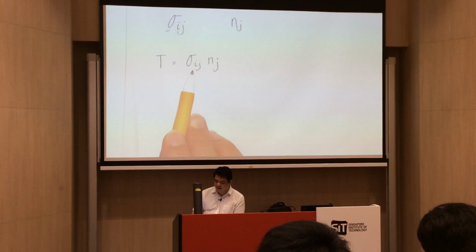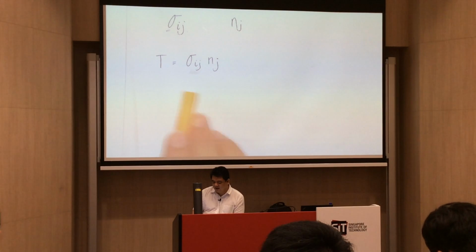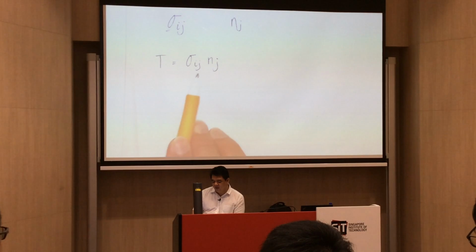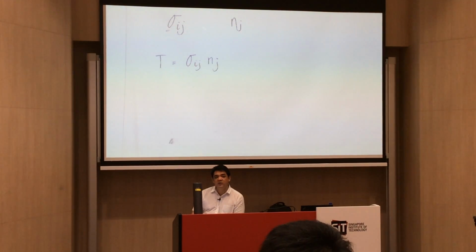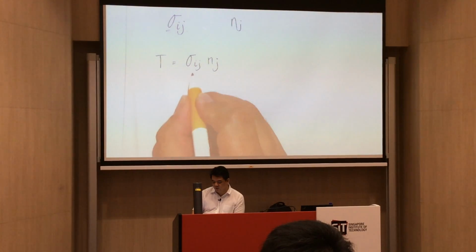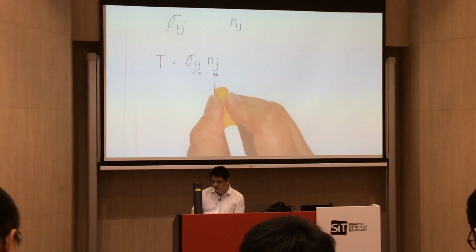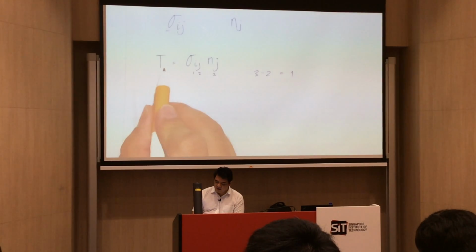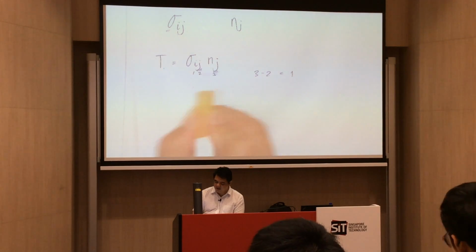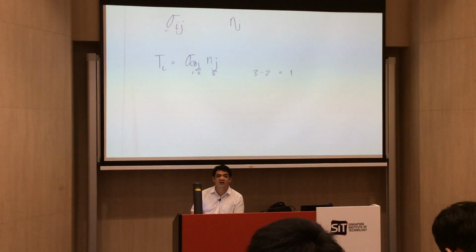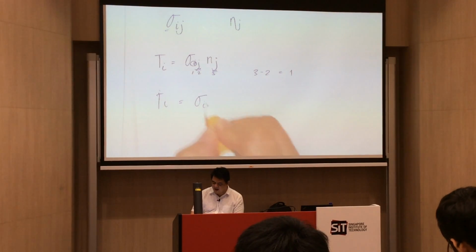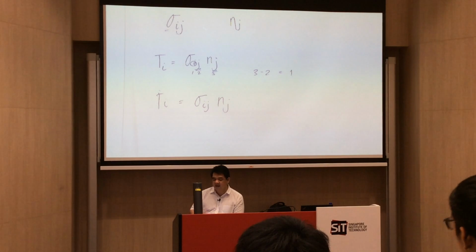So what will happen here is, you normally add the indices to determine the total rank of your tensor, say 1, 2, 3, but since you have repeated, you have to reduce this by 2. So that's 1, 2, 3, 3 minus 2, then you end up with 1. So meaning that here you will end up with this free index i, t_i. So t_i is equal to sigma_ij multiplied by n_j.